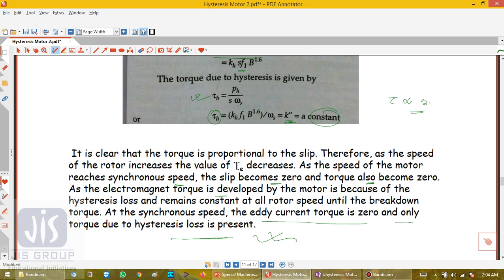And at the synchronous speed, the eddy current torque will become zero because slip equals zero. Because we have seen eddy current torque equals K dash S, so S will become zero, so this will become zero. Only this constant torque will remain at all rotor speeds until the breakdown torque is reached. Okay.